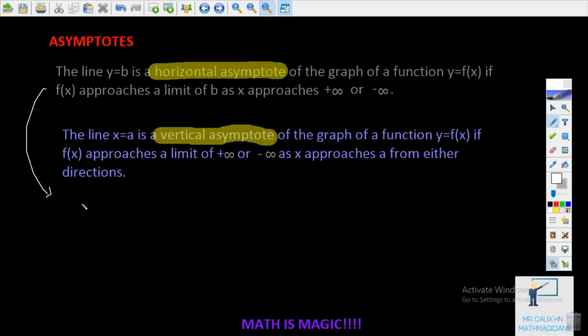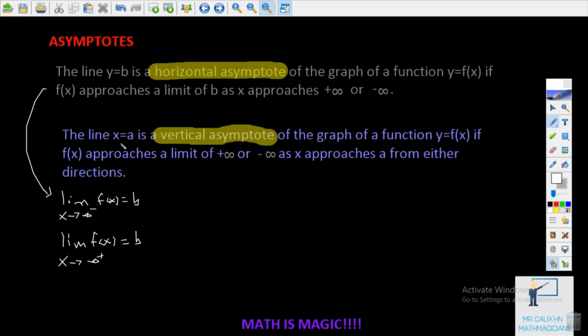It says, for example, that the limit of the function as x approaches negative infinity, from the left, is equal to b. And the limit of the function when x approaches infinity, from the positive side, is also equal to b. That explains that one.